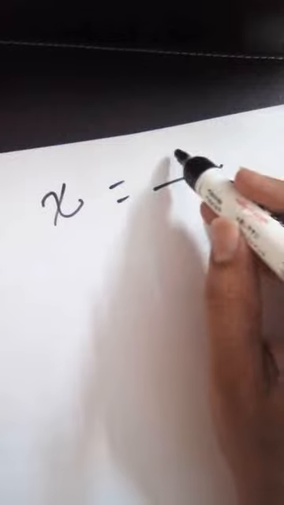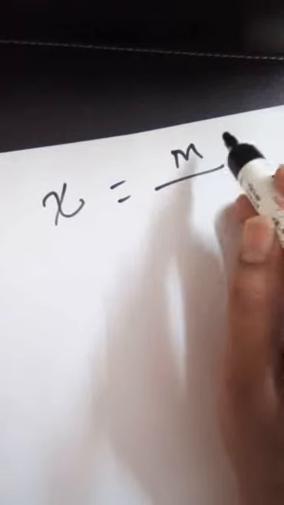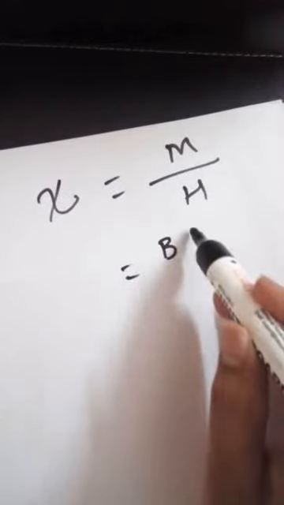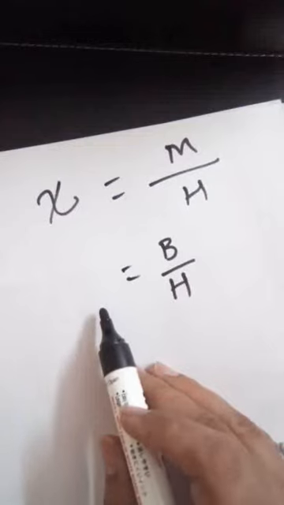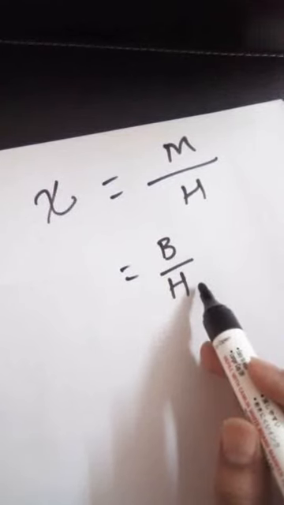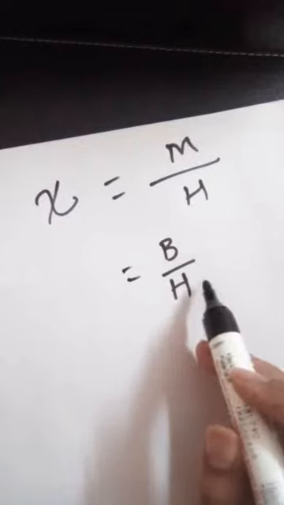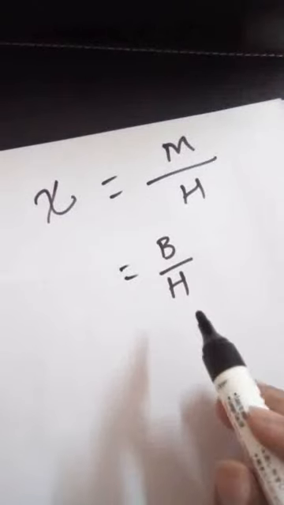Magnetic susceptibility is the ratio of the intensity of magnetization to the magnetic field strength, or in another way we can write that chi is equal to B by H. So magnetic susceptibility means it is the ratio of magnetic induction to the applied magnetic field intensity. So chi is equal to M by H or B by H.